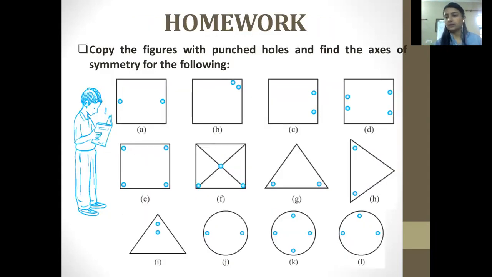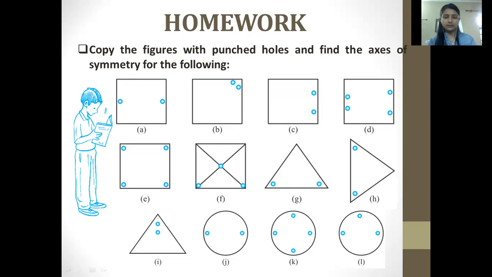Yes, so here is a homework in front of you. I have given you a few images. You have to copy the figure and punch holes. You would take a paper and punch the areas shown, and when you open it, you would check that the hole in this area is equal to this one, which means it is making a line of symmetry.